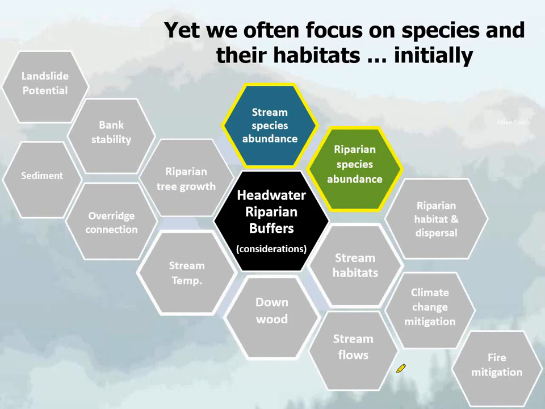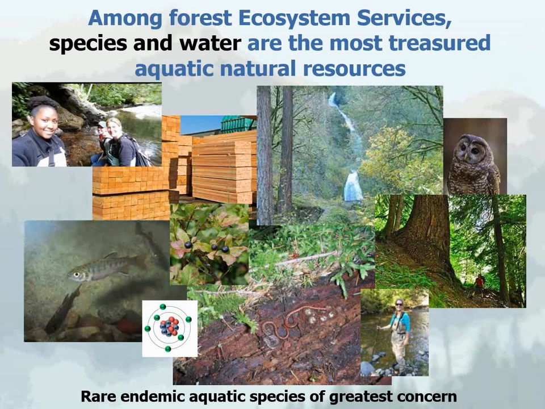Often we start with our focus on species and their habitats, and so why is that? Among forest ecosystem services, species and water are the most treasured aquatic natural resources. So over this time frame that I've been involved with riparian buffers, from 1993 to present, the concept of ecosystem services has entered our literature, entered our management, and they're quite varied.